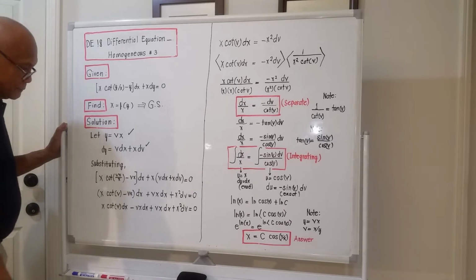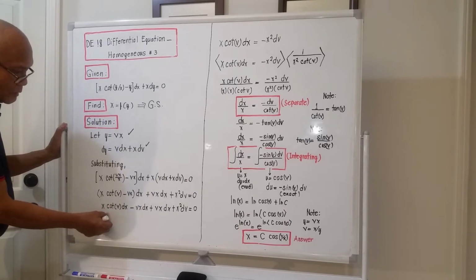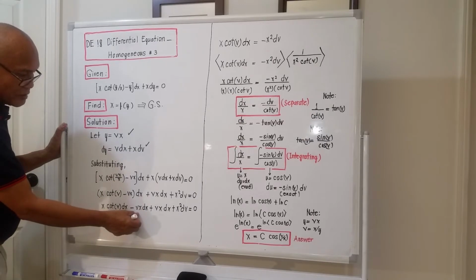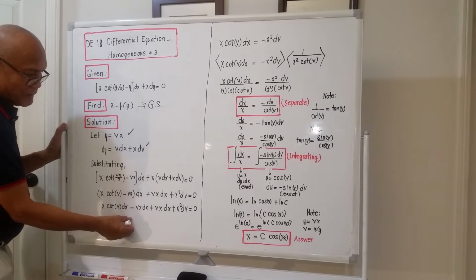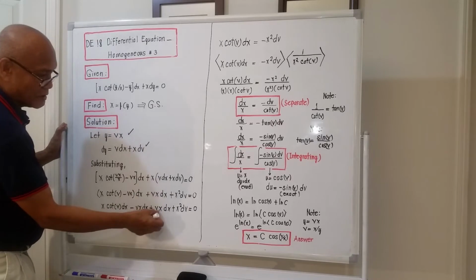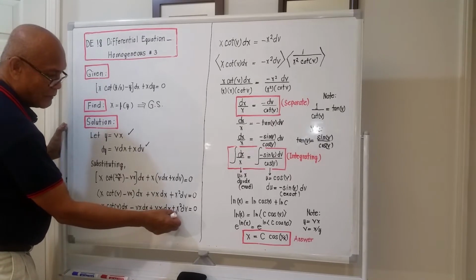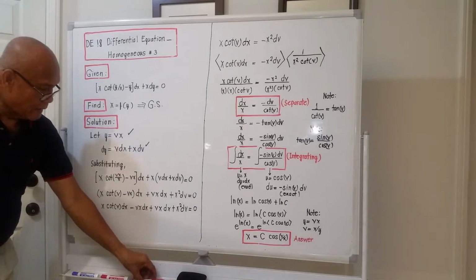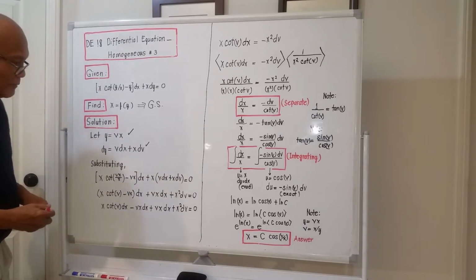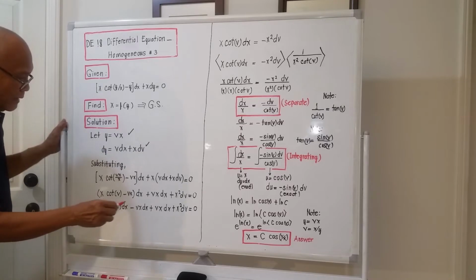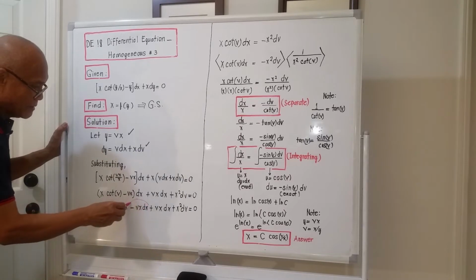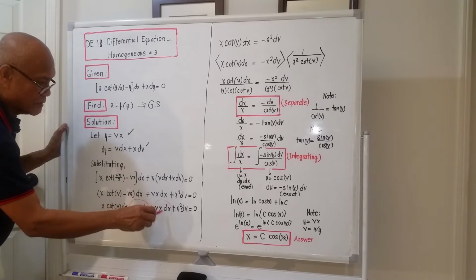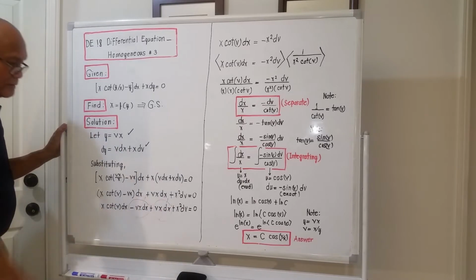Expanding further, x cotangent of v dx, I'm expanding this one, minus vx dx. I will rewrite this two here, so this is vx dx plus x squared dv equal to 0. And luckily, try to combine similar terms. This is a minus vx dx. This is a vx dx. So they will try to cancel out each other.